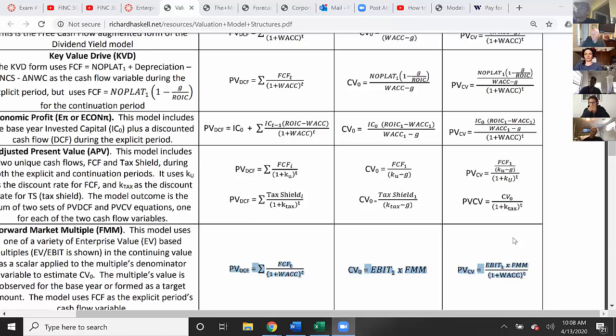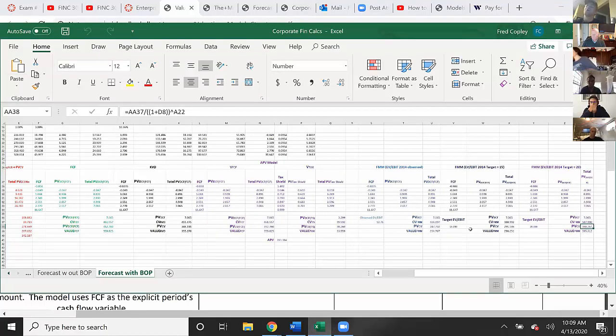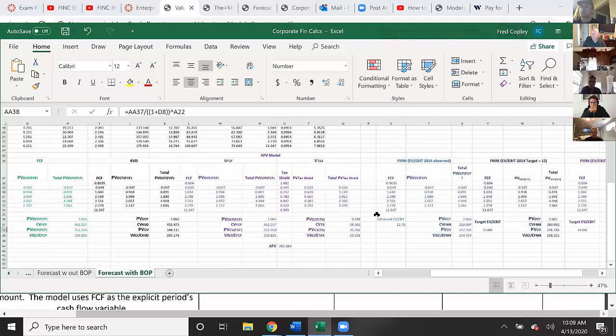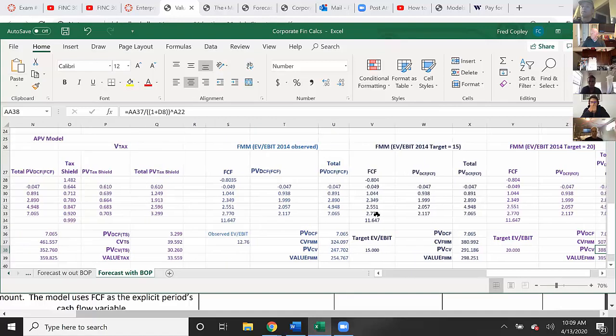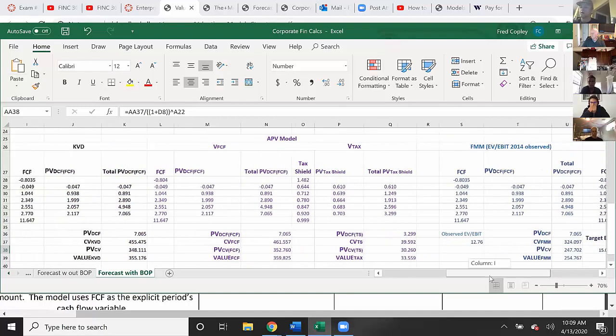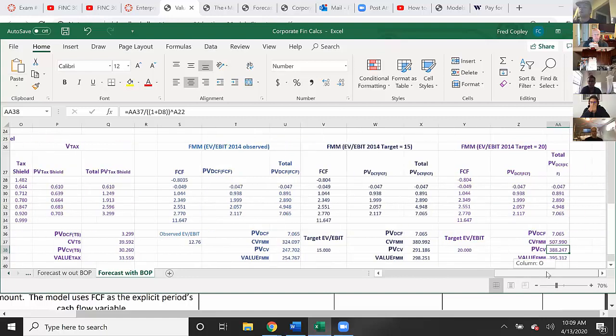And the reason why the results might come out different, if I pull this up, and this might be kind of hard to see because it's small, is depending on whether we're using our observed multiple, or a target multiple, in the present value of DCFs or the continuing value.